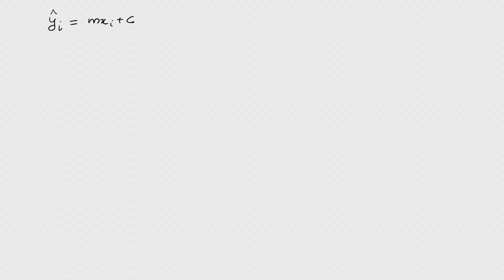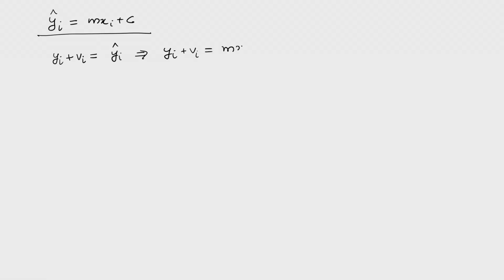That is very clear to us now. So let us write these equations one by one. So what's the meaning here? This is the simulated one, and if I observe yi and if I add vi, the error, that is the residual, then I will get yi hat, or yi plus vi, I can write m xi plus c.